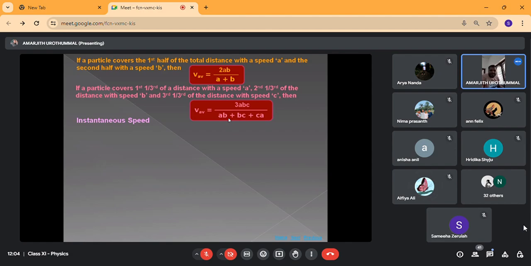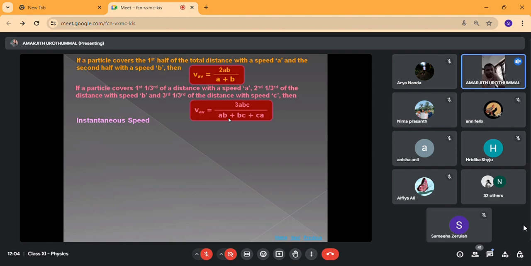What is the speed? 180. Nice. That speed is called average speed, that you have to calculate. We cannot say directly. First, we have to calculate the total distance divided by total time.